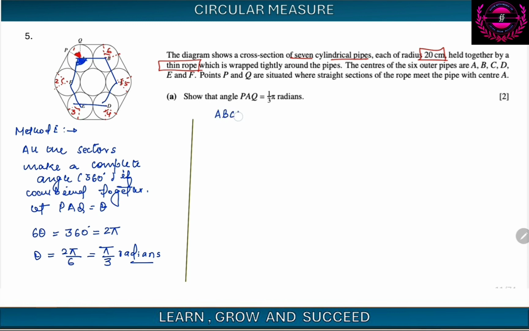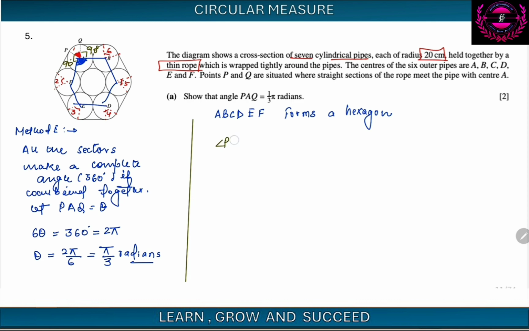See, A, B, C, D, E, F forms a hexagon. So you can clearly observe that this is 90 degree. This will also be 90 degree.